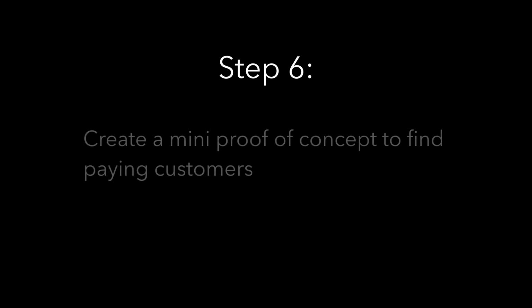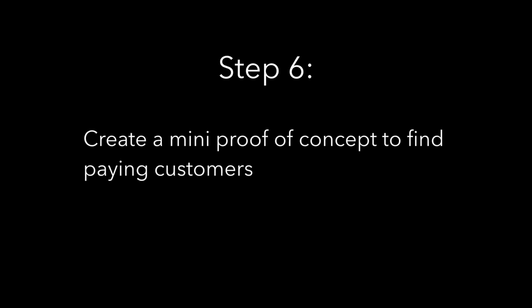Moving on to the 6th step. Here you will create a mini proof of concept in order to find paying customers. Here you will want to engage the people in your feedback group one-on-one in order to help you figure out what features and benefits are needed in creating your proof of concept.